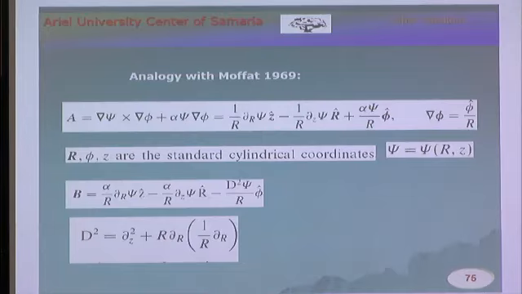We have this representation of A in terms of standard cylindrical coordinates. And we have a B, which is a curl of this A, and this big D is defined over here.